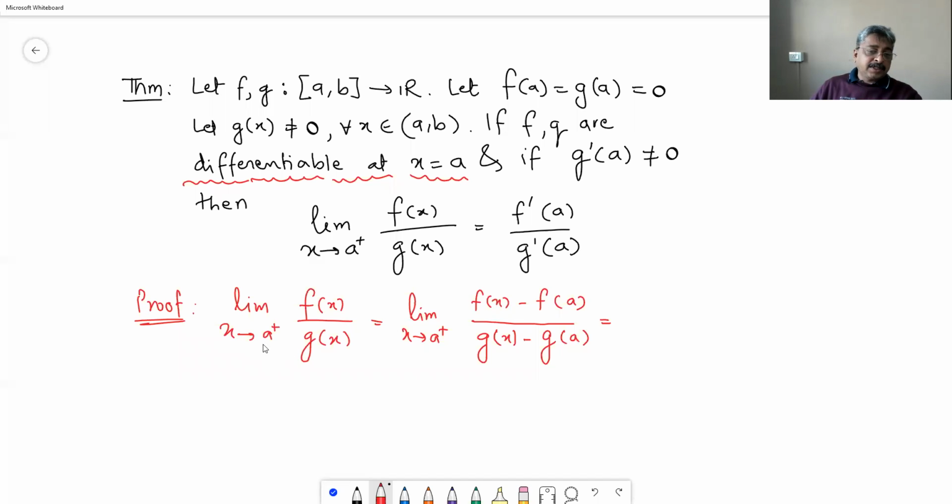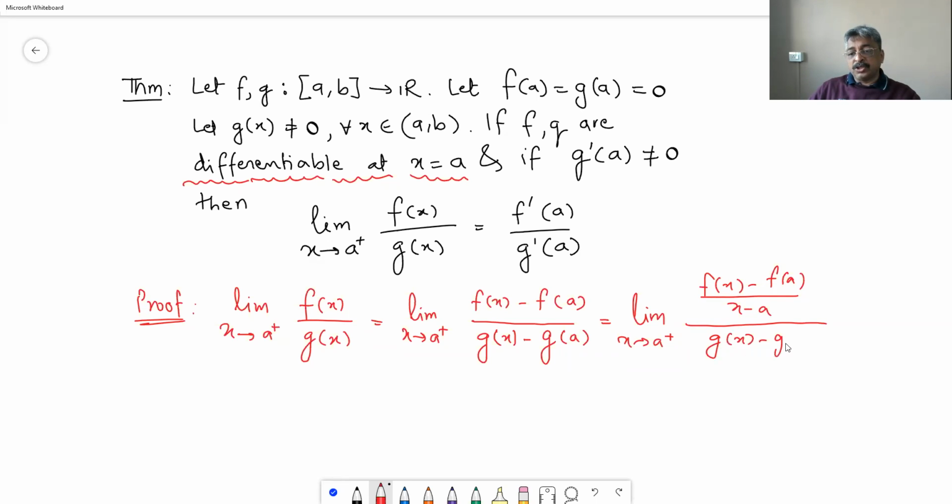Now if x is tending to a plus and therefore x is not equal to a, I can always divide. Limit x tends to a plus of f of x minus f of a upon x minus a, all divided by g of x minus g of a upon x minus a. I can always do this. Because f is given to be differentiable, g is going to be differentiable.